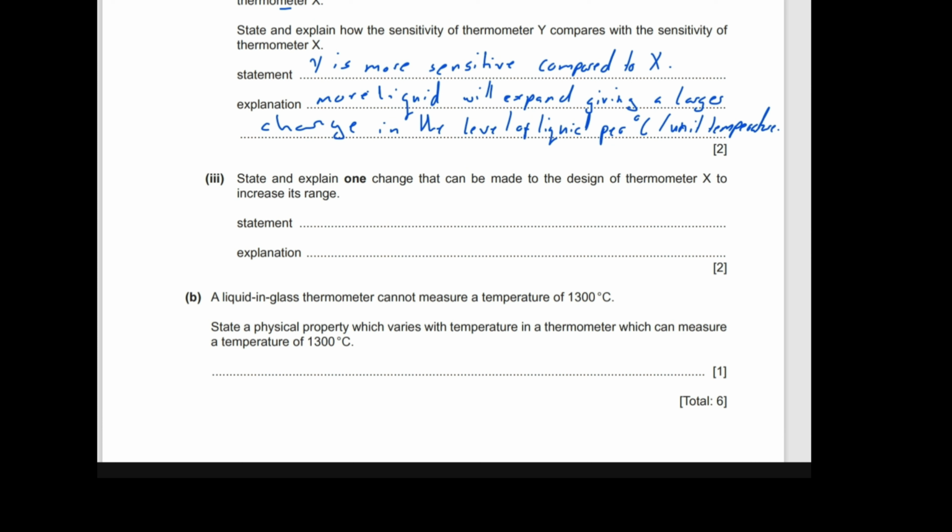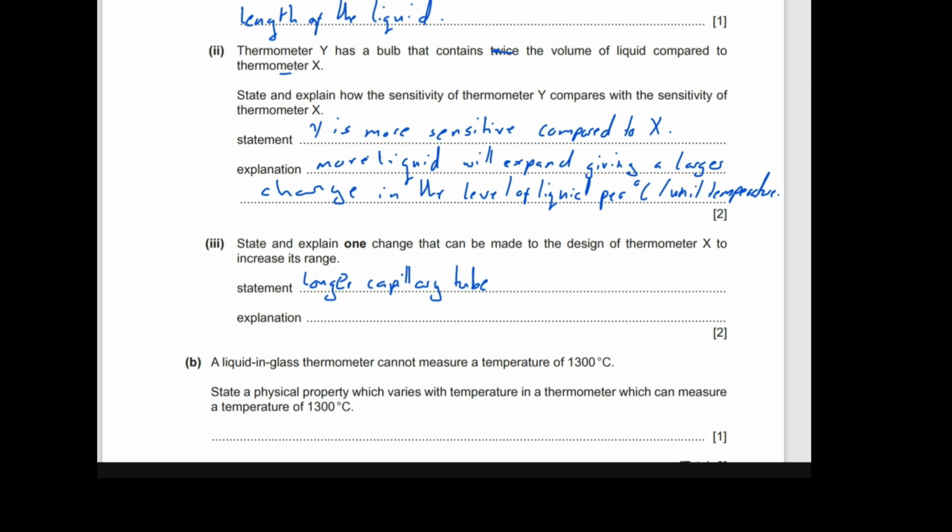State and explain one change that can be made to the design of thermometer X to increase its range. We want to increase the range of thermometer X. There are many designs we can make so that the range increases. We can use a longer capillary tube.